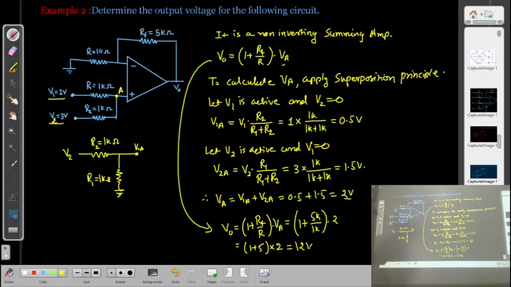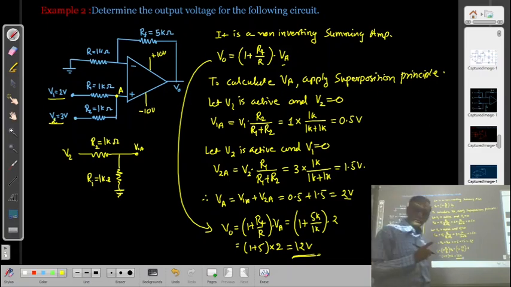Now here you should understand that 12 volt is present only if my VCC voltage is greater than 12 volt. Otherwise, your op-amp will be in saturation. If your applied voltage here is minus 10 volt and plus 10 volt, then the output voltage will not be 12 volt.